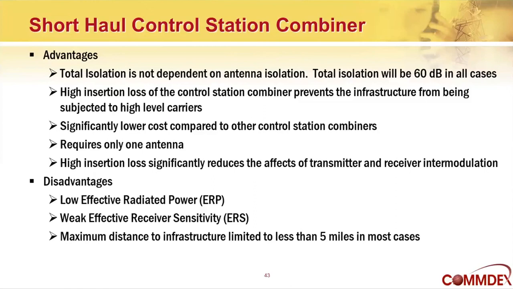The disadvantage, of course, is that it not only has low power going out, but it works in both directions, so it also cuts back on the receiver sensitivity. So it has a lot of attenuation on both sides. So that's why they're fine if you keep the distance to 5 miles or less.